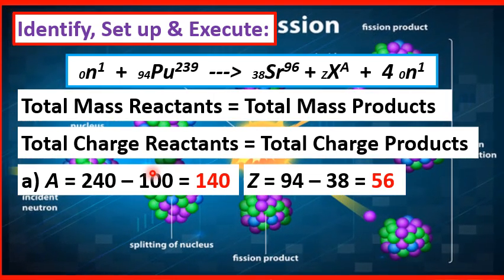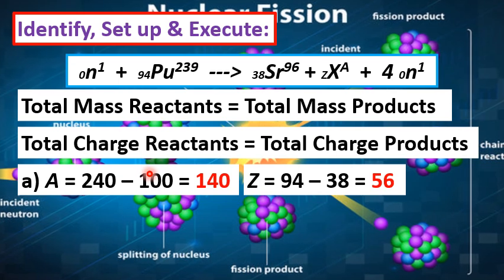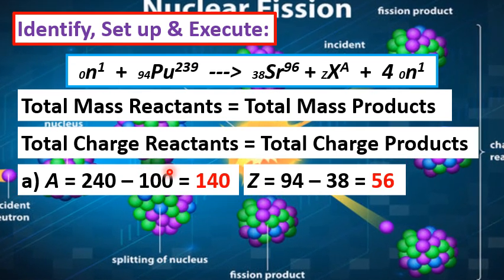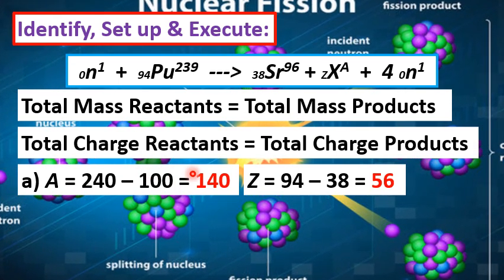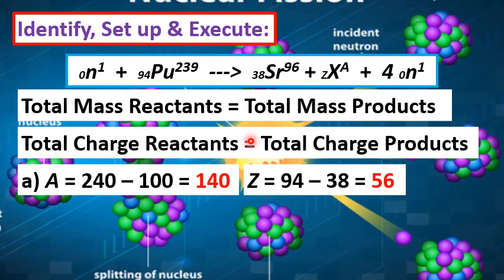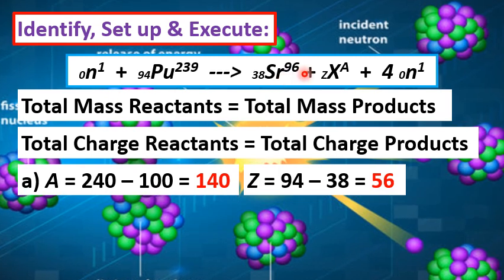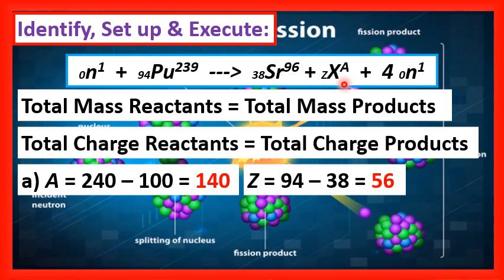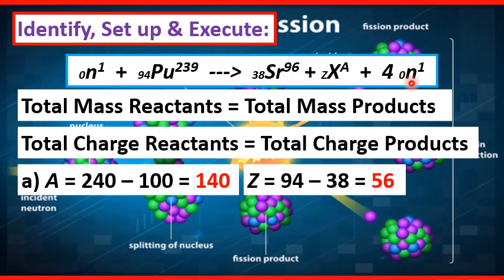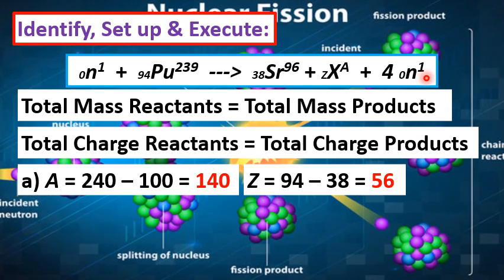And then we subtract the mass of the products, right? 100 here is the sum of the mass number for strontium, that is 96, and the mass number for the 4 neutron particles.